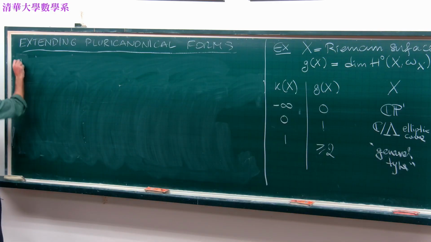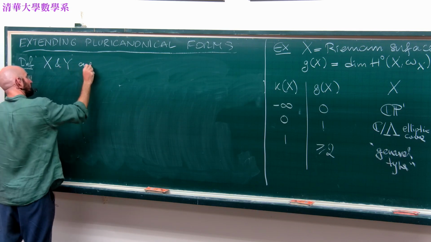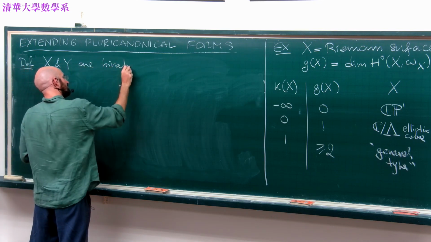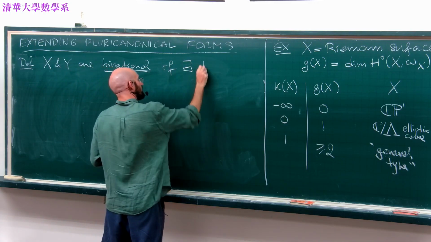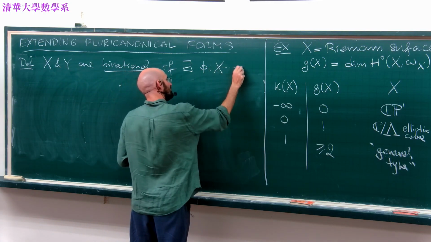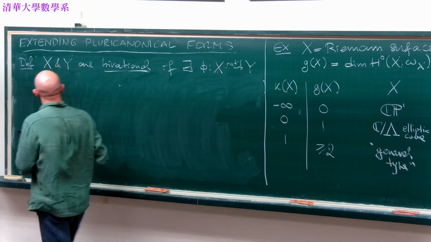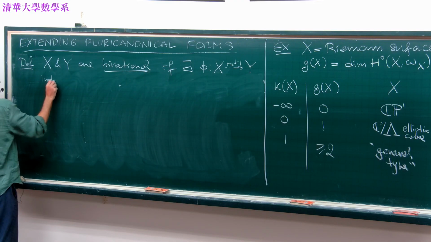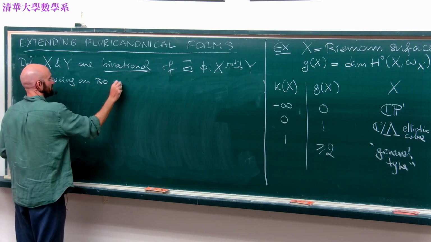I'm going to say that x and y are birational if there exists a rational map inducing an isomorphism on a dense open.